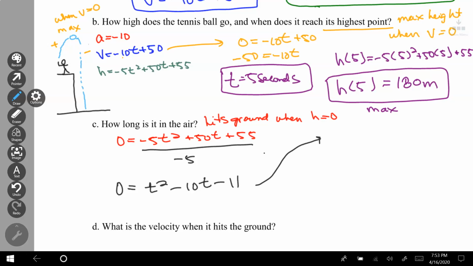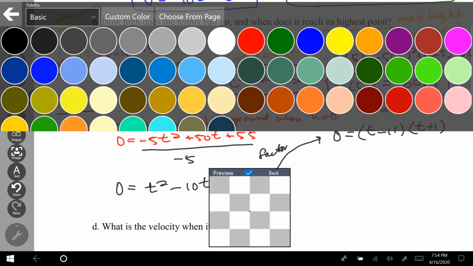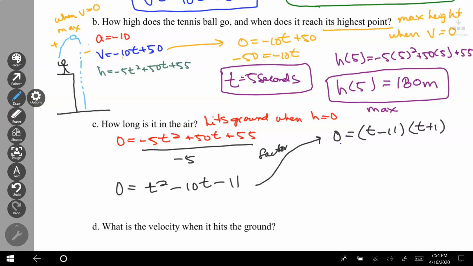And then I try to factor it. I get 0 equals t minus 11 and t plus 1. So I have two solutions for t. My two solutions for t are t equals 11 seconds and t equals -1 seconds.